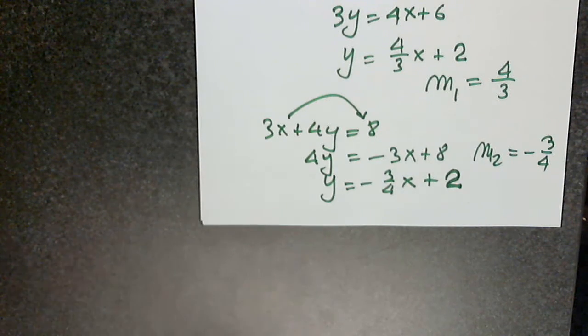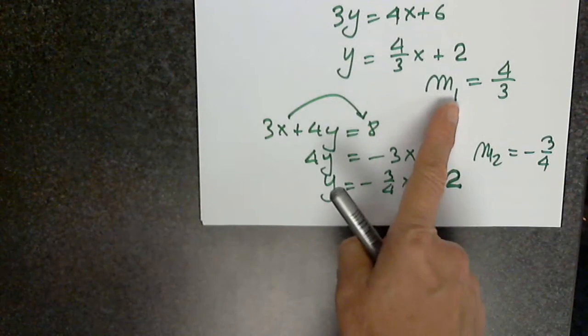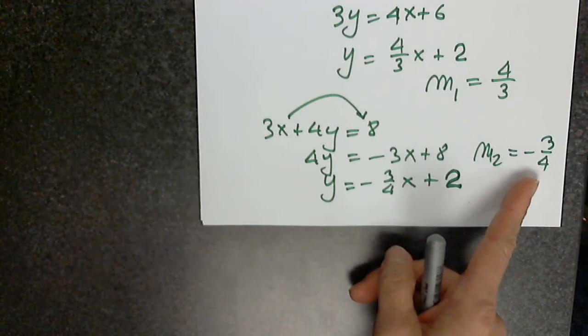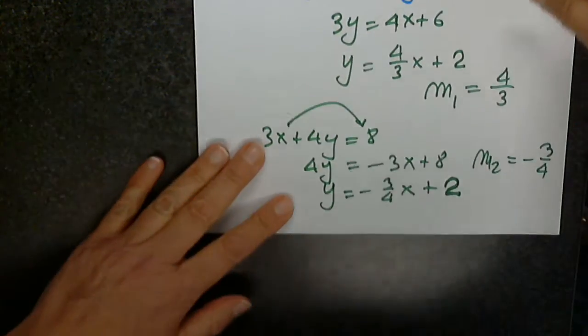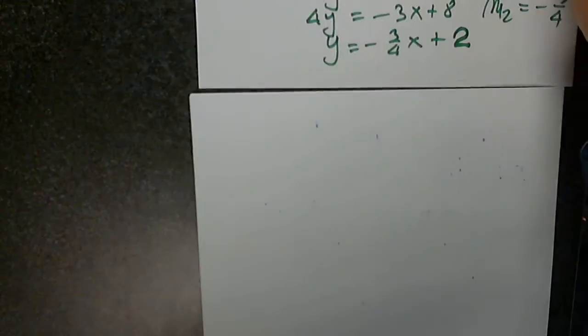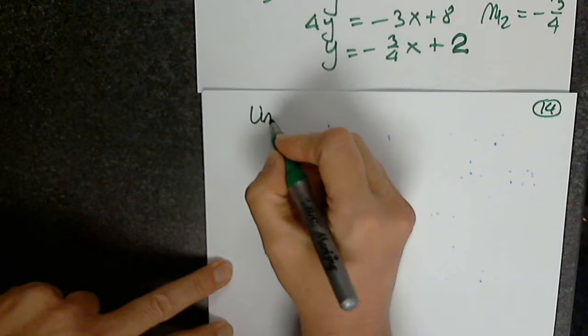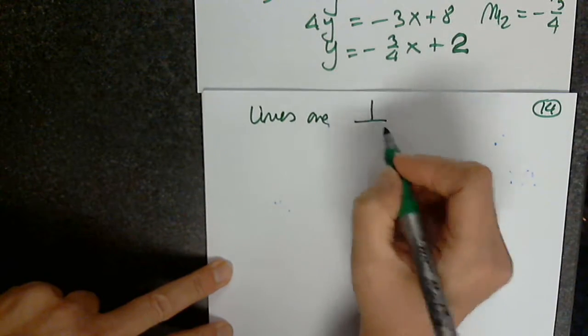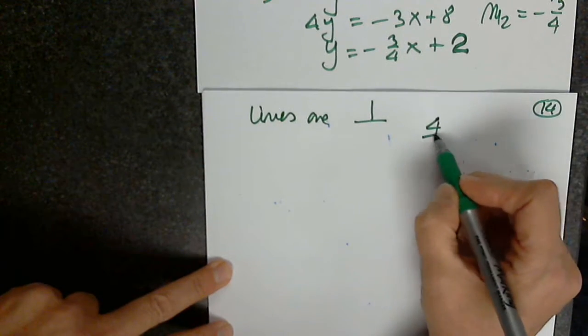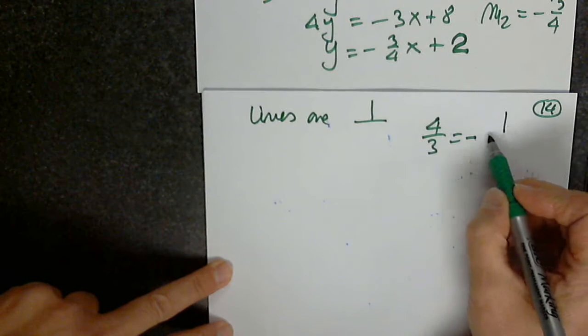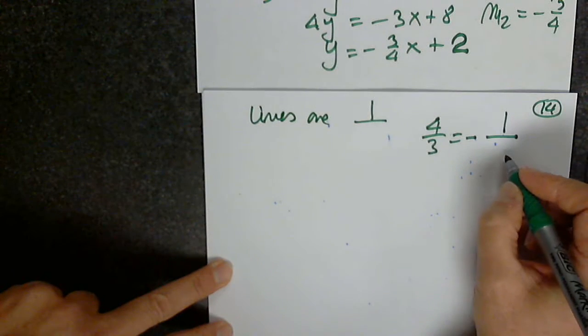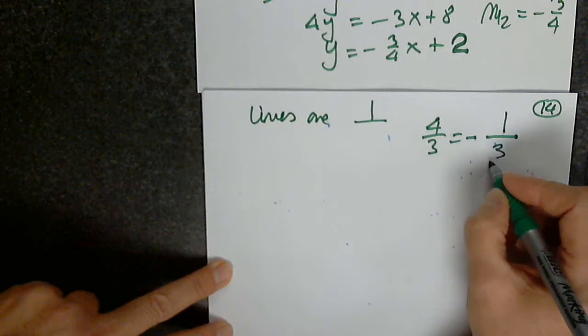Yes, because this one is the negative reciprocal of this one. So we conclude that in this problem the lines are perpendicular. Why? Because 4/3 equals negative 1 over 3/4.